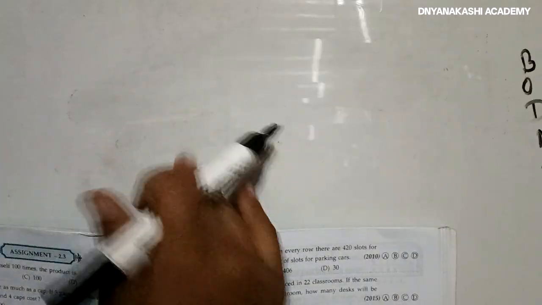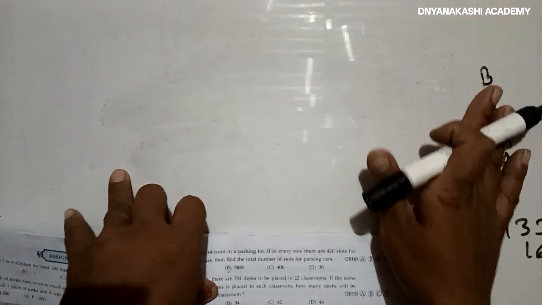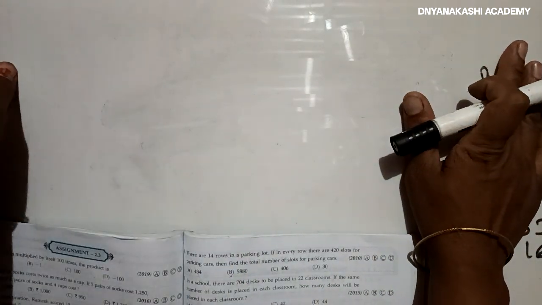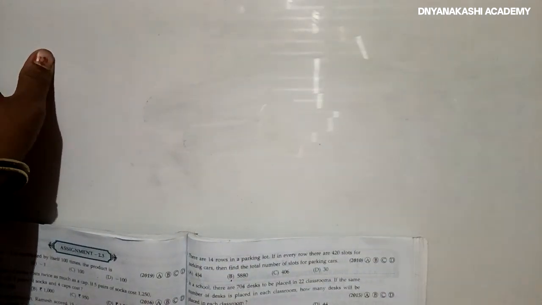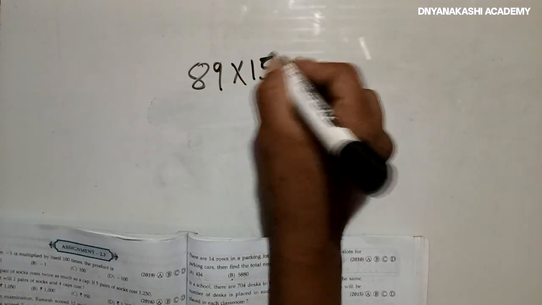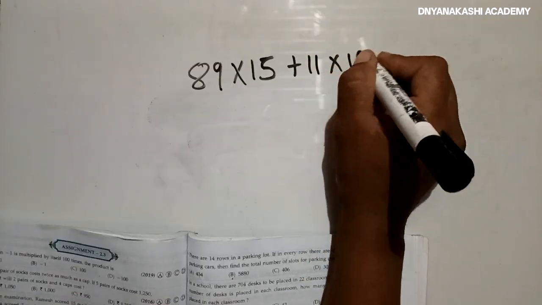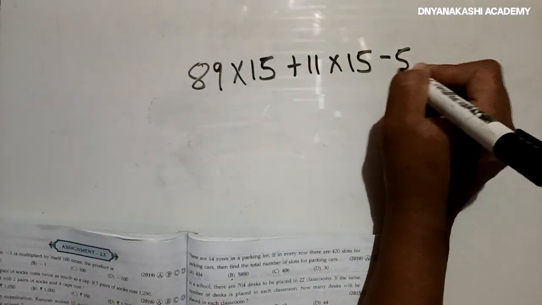What rule applies here in the 7th question? How to solve here? The given question is 89 into 15 plus 11 into 15 minus 500.